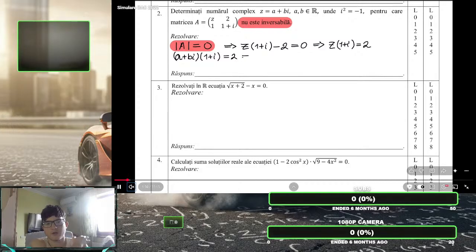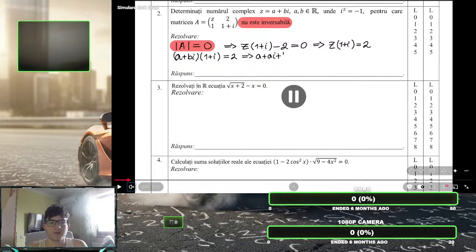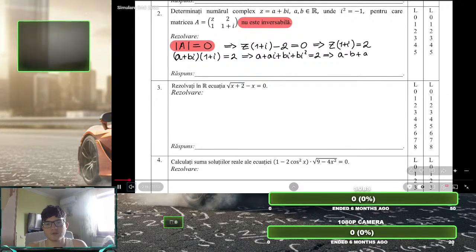Or actually no, he's just gonna plug in a plus bi. So now we have to multiply, I think, a plus ai plus bi to the second power equal to 2. We write down the same thing, but instead of bi to the second power, write minus b, plus ai plus bi equal to 2.